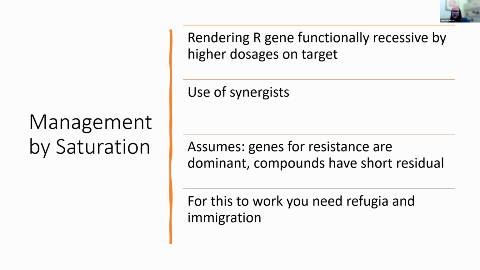Incorporating synergist into the product is another way of rendering that resistance gene functionally recessive.